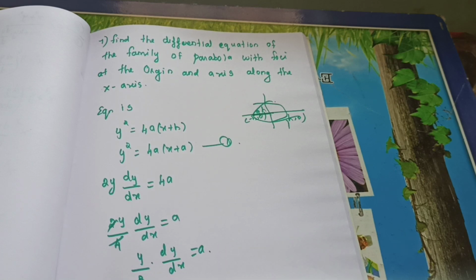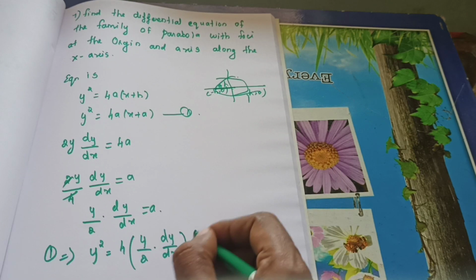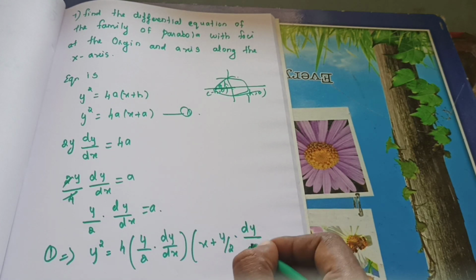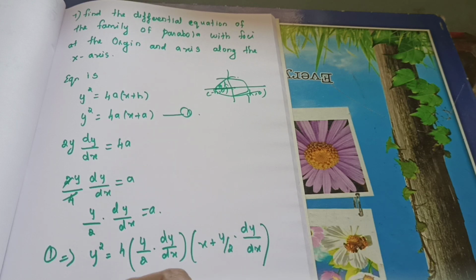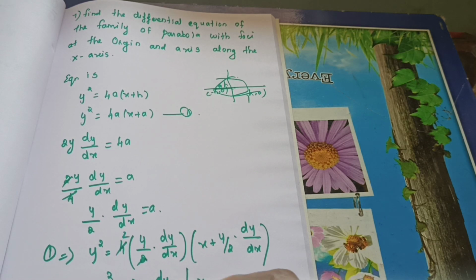Now substitute in equation number 1. y square is equal to 4 into (y by 2) into dy by dx into (x plus y by 2 into dy by dx).